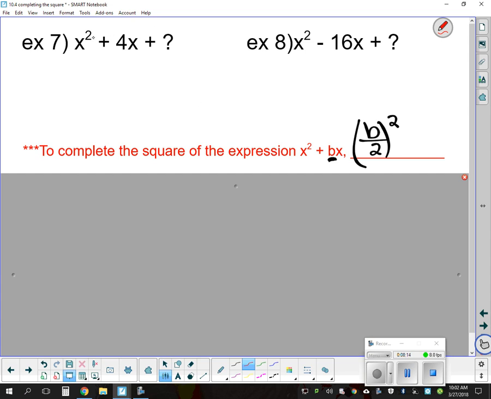So over here, remember we're in the form x squared plus bx. Our a is always going to be 1 here, so that's why it's not written in there. So you take b, which is 4, you divide it by 2, and then you square it. Well, 4 divided by 2 is 2, and then 2 squared is 4. So b divided by 2 squared for this problem is 4. So what is our answer here? It's going to be 4.